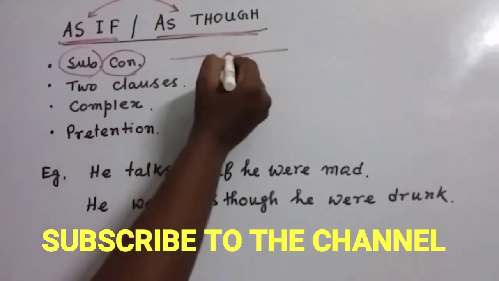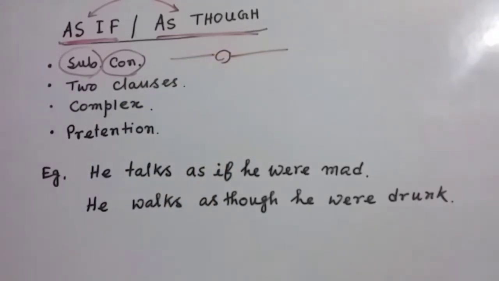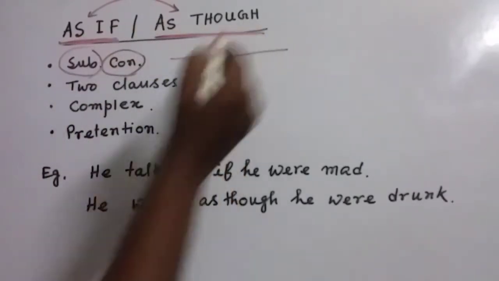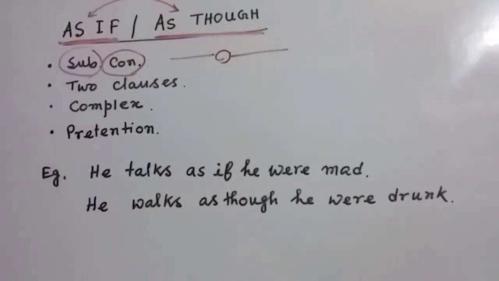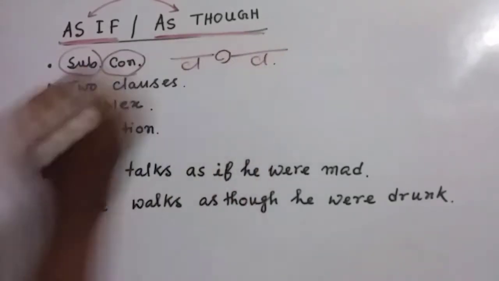This is the most important thing. That means we cannot use as if or as though to join two words only. Rather, it is used to join two separate clauses.